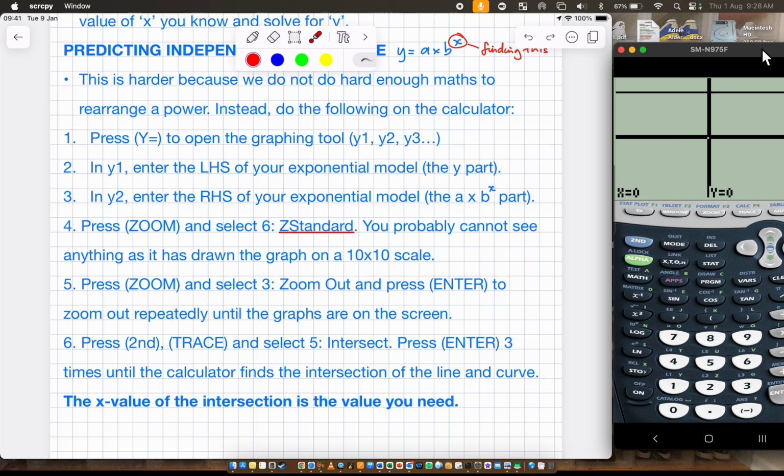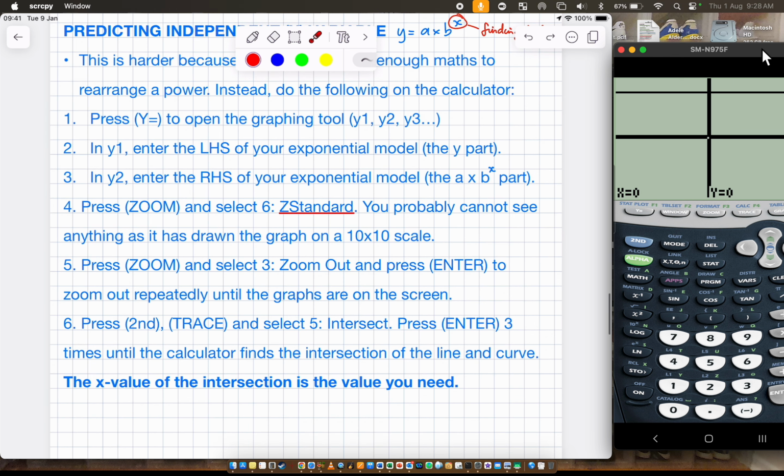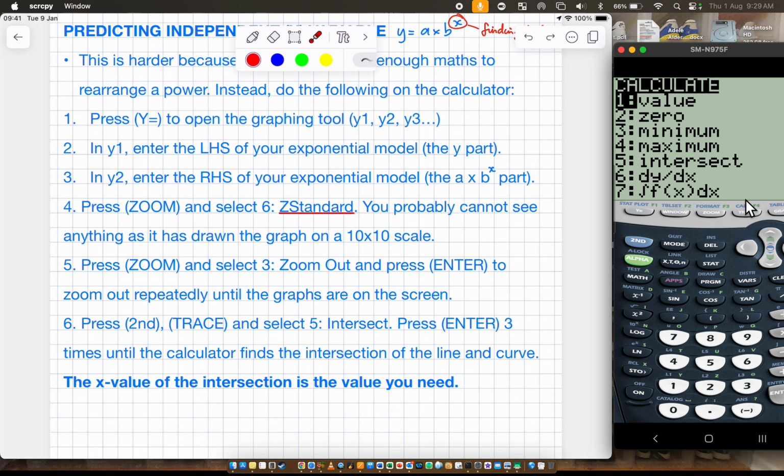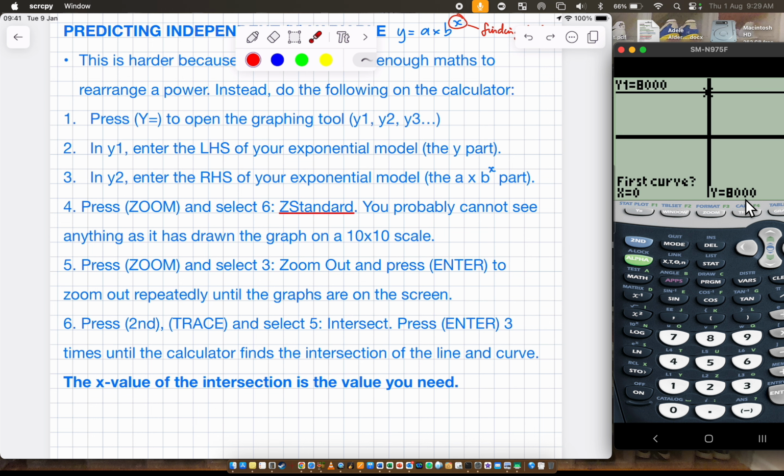The crossover is there. So what do you do now? You press second trace. Can you see above the trace button, it says calc in blue? Yep. So you go second trace. Which of those ones do you reckon finds the intersection? 5, intersect. And it goes first curve.